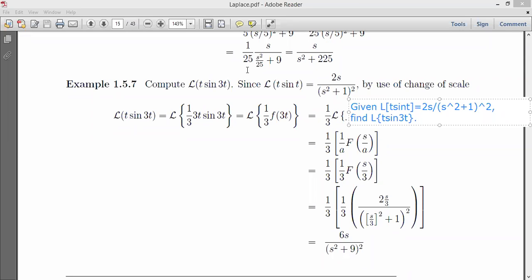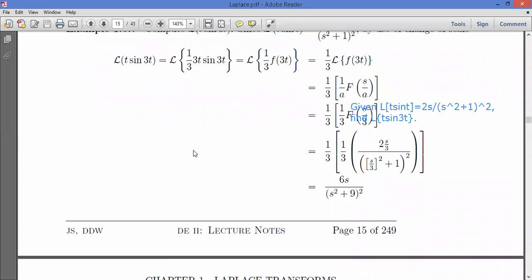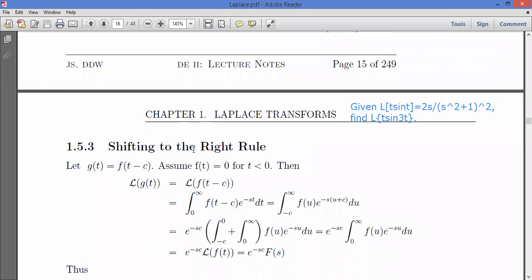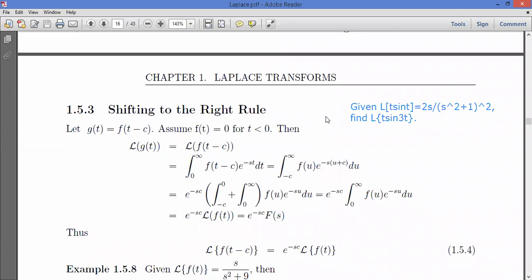So we are saying, given that the Laplace of t sine t is 2s over s squared plus 1, the whole thing squared, then find the Laplace of t sine 3t.